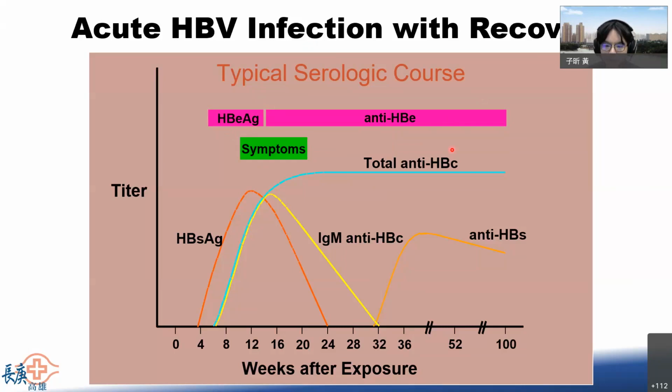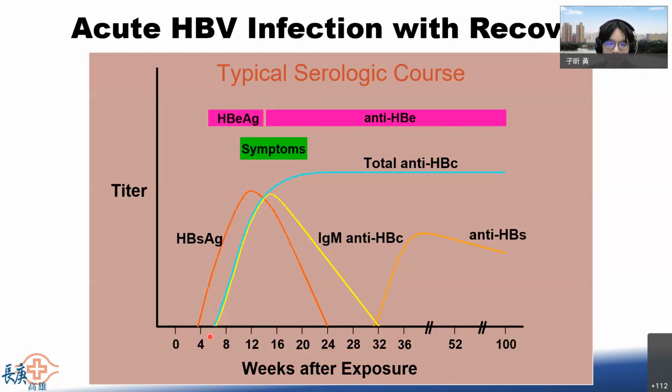So usually when the anti-HBe comes out, it means that the virus has stopped replicating actively. So here, as you can see, the patient is in recovery as well. The HBs antigen gradually decreases, and the HBe antigen becomes negative, and anti-HBe antibody comes out.